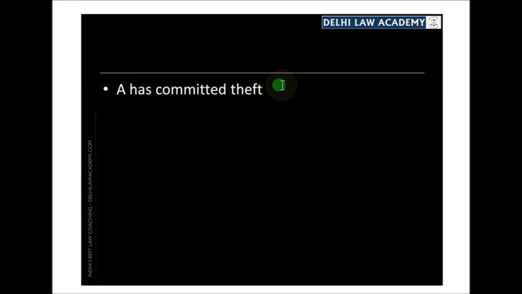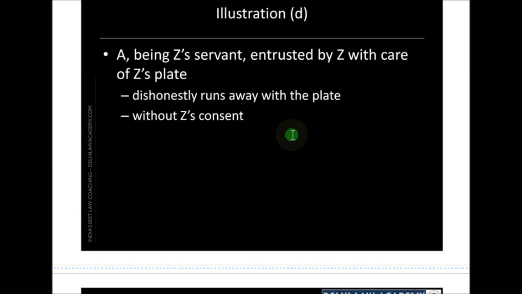We will go back to the earlier slide which gives us the facts. We find that even though Z himself had given the plate to A, plate here is some valuable item, it may be anything else also. So, in this case, Z himself had given the valuable item to A, and therefore A did not take the possession out of Z without his consent.